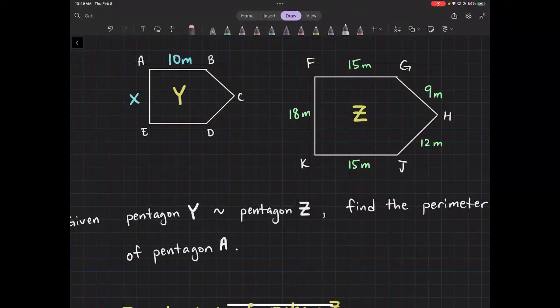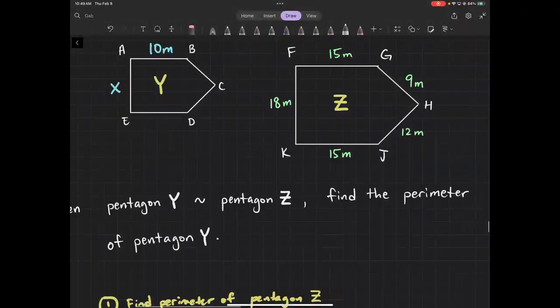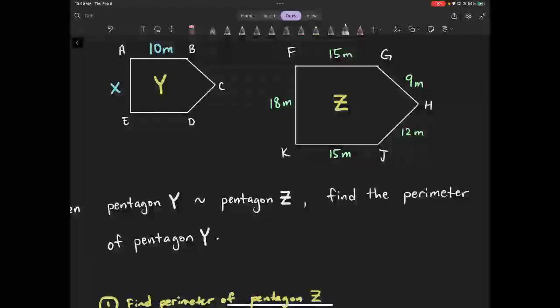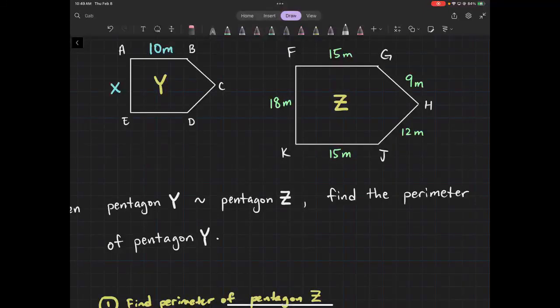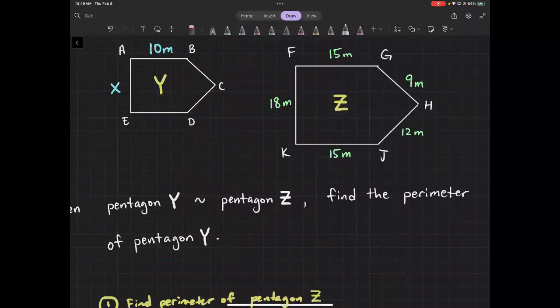I need to change this. Cut it off. Good?